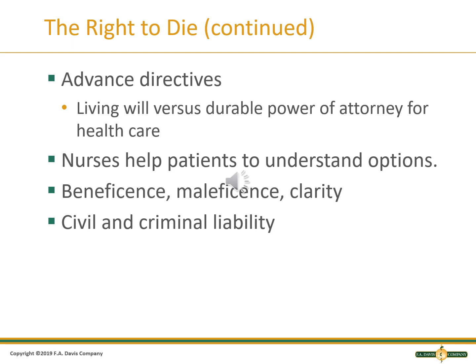Advanced directives: we have living wills and durable power of attorney for healthcare. So a living will is an actual document that says if I'm no longer able to speak for myself or say what I want done for myself medically, this is what I want done for me. A durable power of attorney for healthcare is a document where you have appointed a health proxy to say, if I'm no longer able to say what I want done for myself medically, then this person is able to make healthcare decisions for me.